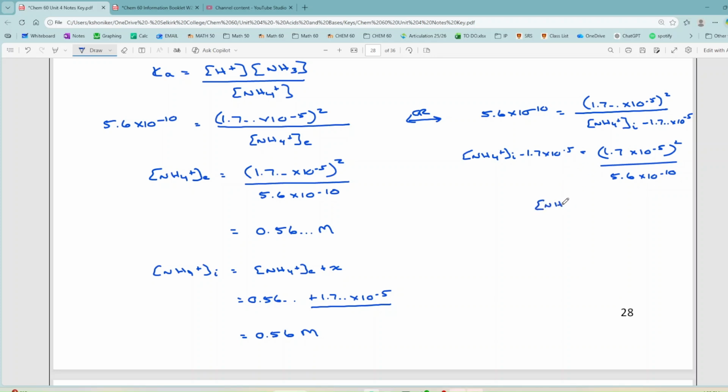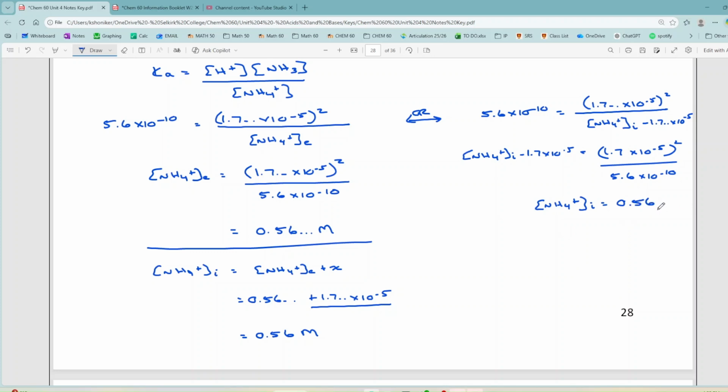So it's the exact same work, it's just whether you want to do it all in one step or whether you want to get that equilibrium concentration and then do one more step past there. So I would go recall A squared divided by 5.6 times 10 to the negative 10, and then I would add recall A. And that still gives me that 0.56.